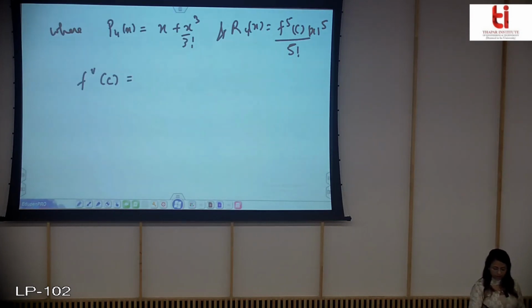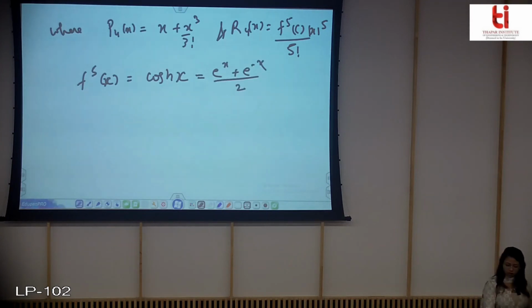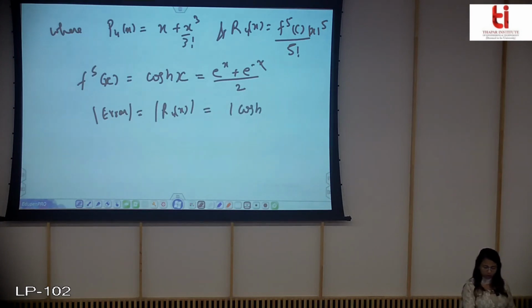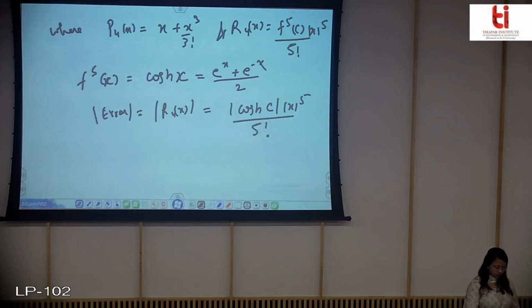You can easily find that this will be equal to cosh(c). So now putting in this, what we will get, error will be equal to R4(x), which is equal to cosh(c) x^5 by 5 factorial.